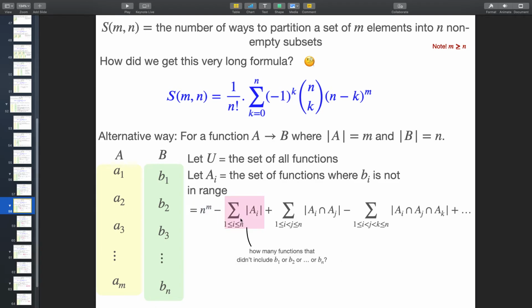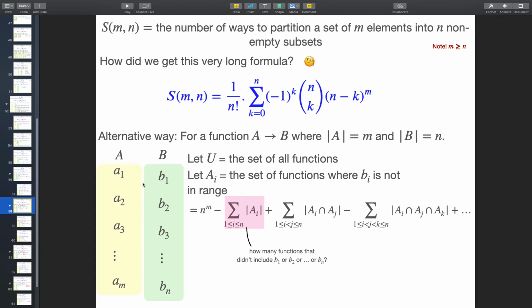So, how about this one? So, this is asking how many functions are there that does not include B sub 1. So, yun yung ano, no, what's the size of E sub 1? Tapos, how about how many functions are there na ano, not including B sub 2?